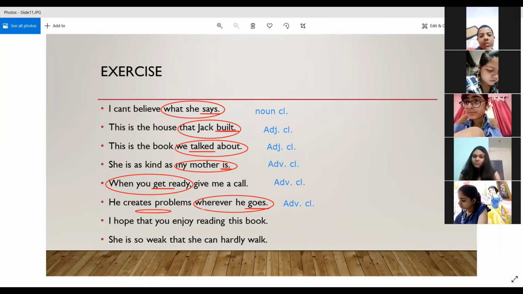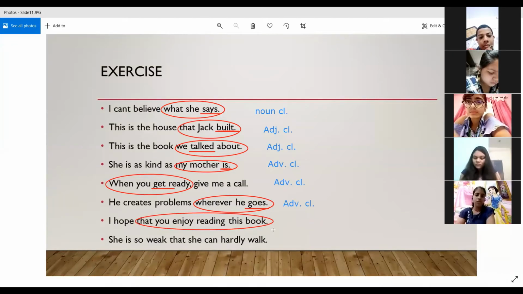Because if we ask the question, what do I hope? The answer is that you enjoy reading this book, so it will be a noun. Yes, it is a noun clause. Now tell me the verb that is present. Reading. Yes, reading is the verb that is present over here. So this clause is a noun clause. Thank you, sir. Welcome.